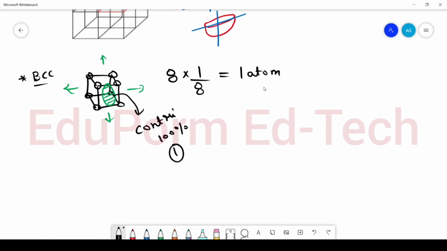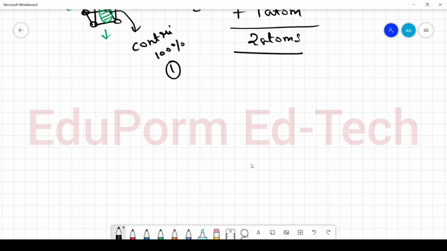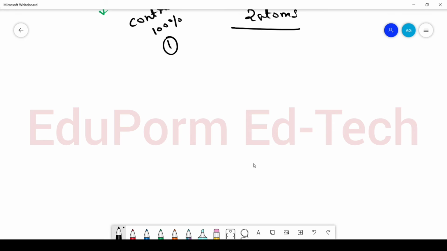So in case of BCC, 2 atoms are present per unit cell. Please don't forget to mention the unit if you are solving any question for CBSE or ISC examination.